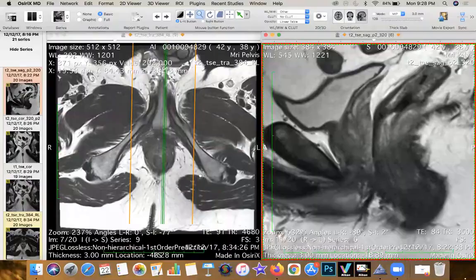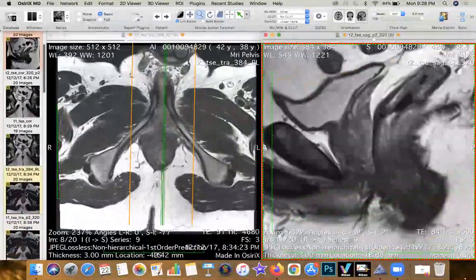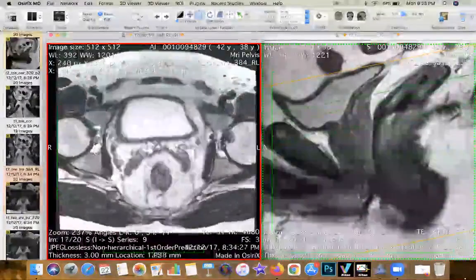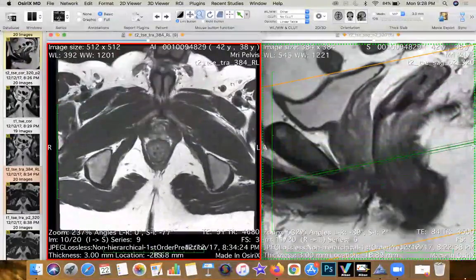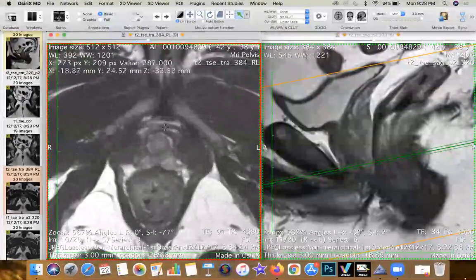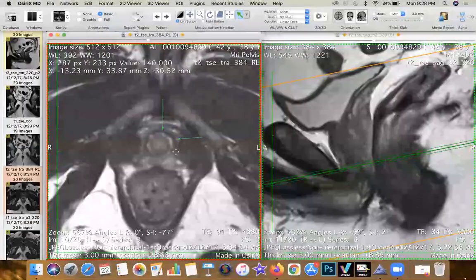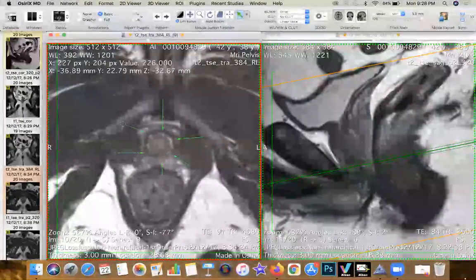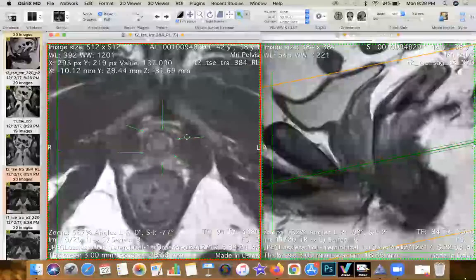Now, one easy way to remember how to identify the sphincter is that you should be able to see what we call the, if I were able to show you this, one second. So this is as simple as you can get, the four-layered pattern of the sphincter. This is the external sphincter, which you can see as a black stripe. Deep to the external sphincter, you have a brightish layer.